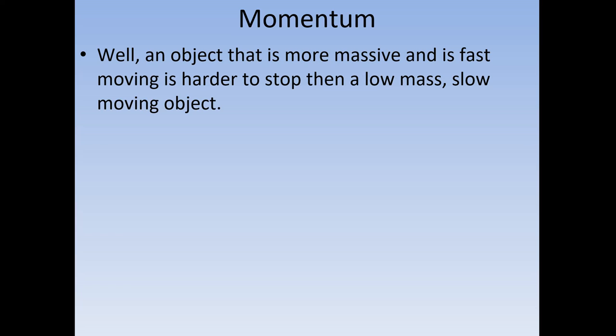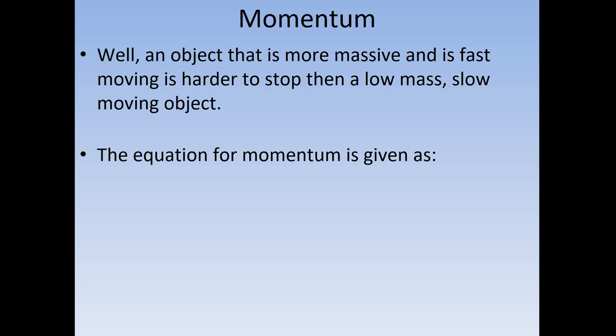So it only makes sense that an object that has a lot of mass should be harder to move. In addition, based off of our definition, I also gave the description of motion. The bullet, because it's moving, has more momentum. So it's very clear that those two things have a big part of momentum.